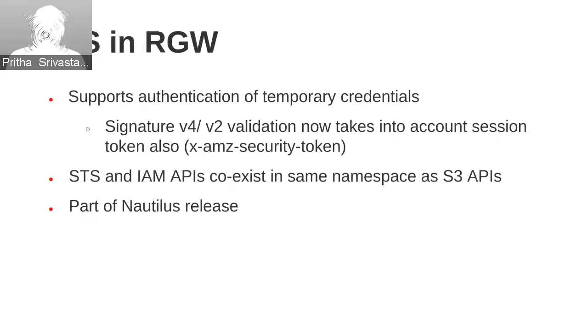And STS and IAM APIs coexist in the same namespace as S3 APIs, hence all of them can be accessed using the same URI. And STS has been part of Ceph RGW since the Nautilus release.